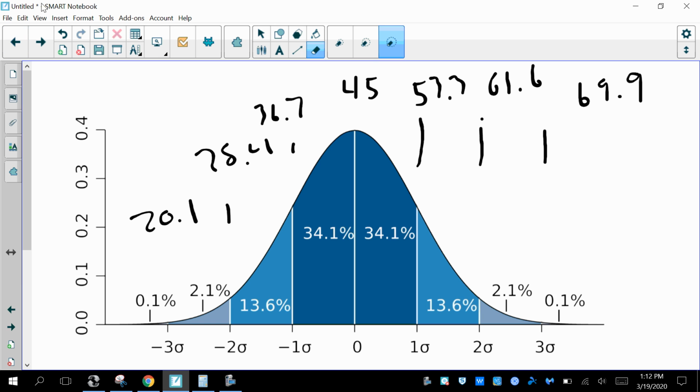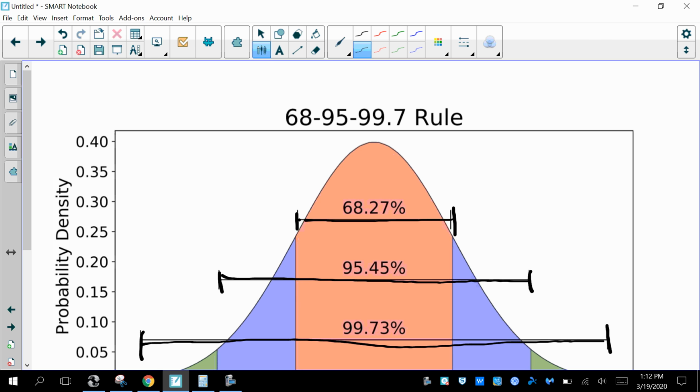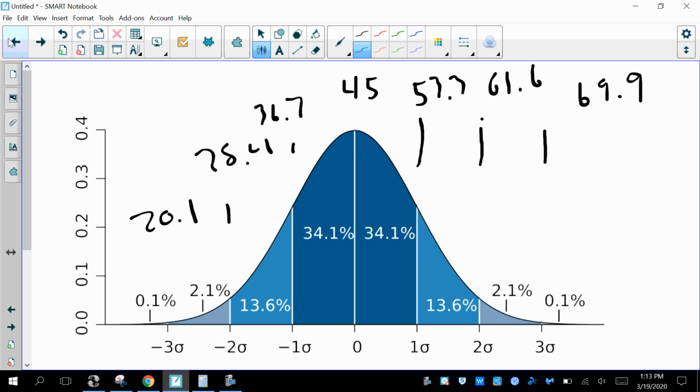According to this graph, that makes up 99.73% of people. Unless you have 1,000 people, you're not going to have anybody there. Even if you only had 100 people, most of them are going to fill right in here. You might have one person outside, and that might be upper or lower. Okay. So those are your numbers.